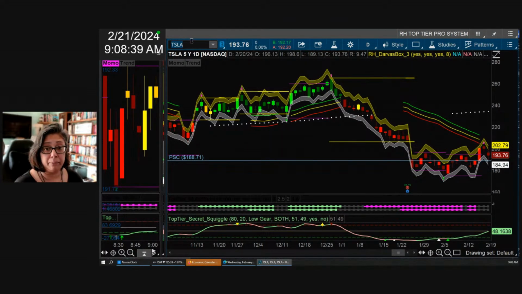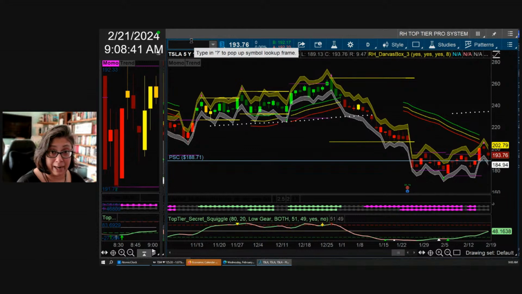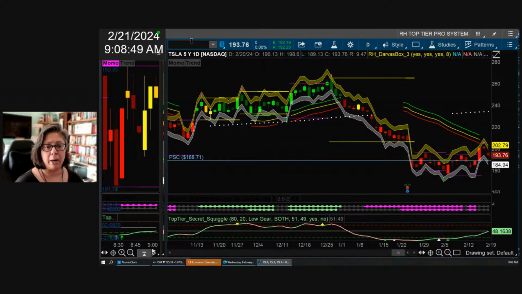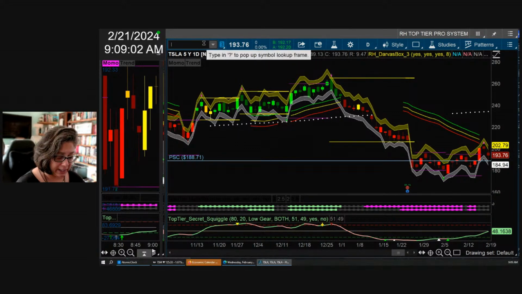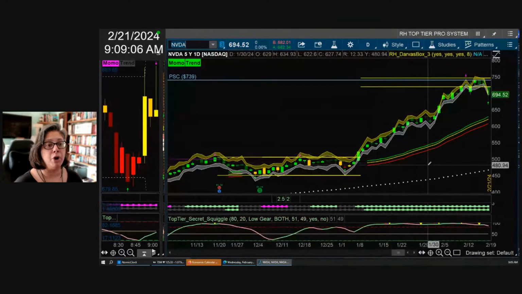So why is it powerful in my mind? Based on my experience, which at this point is over 10 years with it. Because when I'm looking at support and resistance, when I'm looking at where prices could shift, price and volume are very powerful. But when you add volatility to the mix, you're going to see levels. And the power for me is I'm seeing levels that most traders don't even know exist. I'm seeing levels on this screen that most traders don't know could be support.